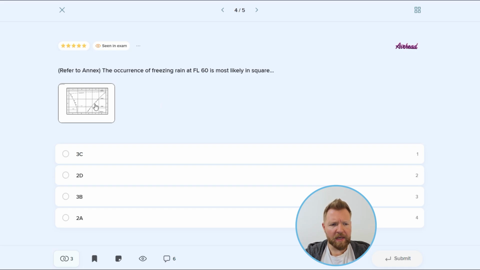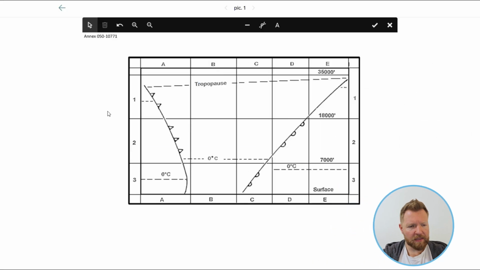Let's open the annex to better visualize it. Okay, so this line here represents the 0 degrees isotherm in the warm sector. And this line, on the other hand, is the 0 degrees isotherm in the cold air mass in front of the warm front.